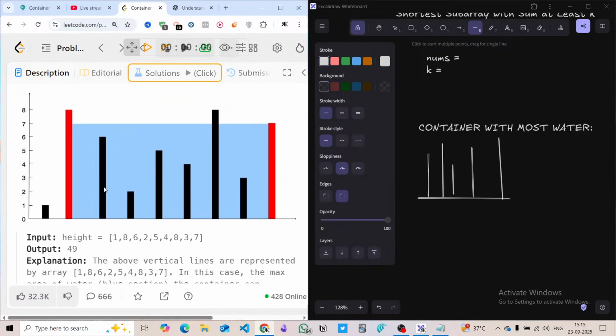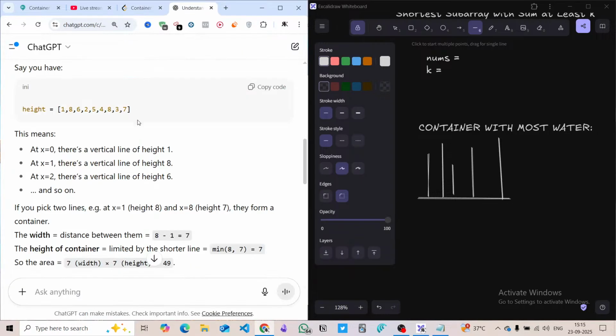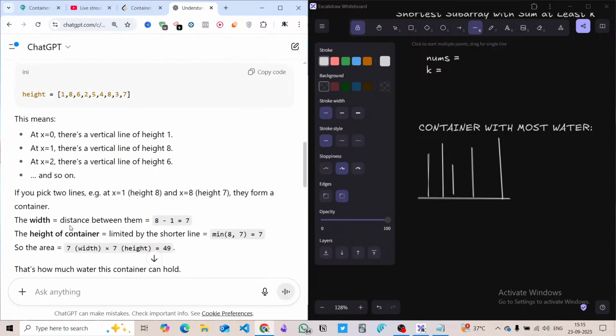So the height we get is 7. So the water height is 7. And then this one, 1, 2, 3, 4, 5, 6, 7, 8, right? The width is the distance between them, 8.